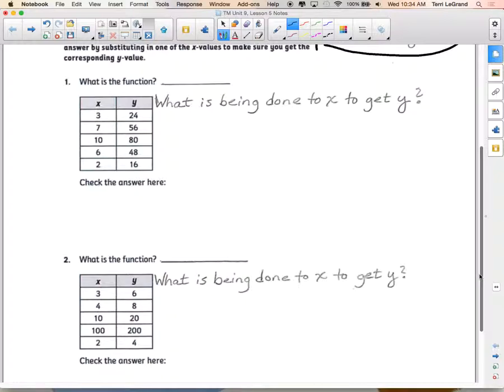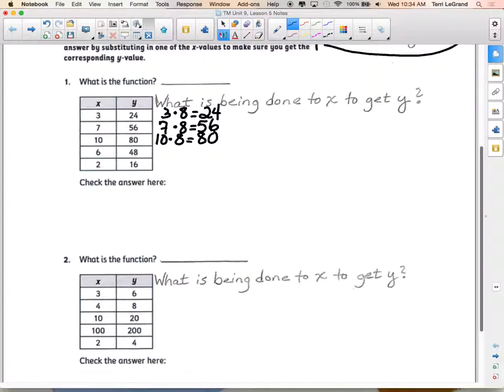Okay, well let's do that. Let's show that. If we take 3 times 8, we get 24, which is the output. 7 times 8, what is 7 times 8? 56. If we take the next input, 10 times 8, what is 10 times 8? 80.